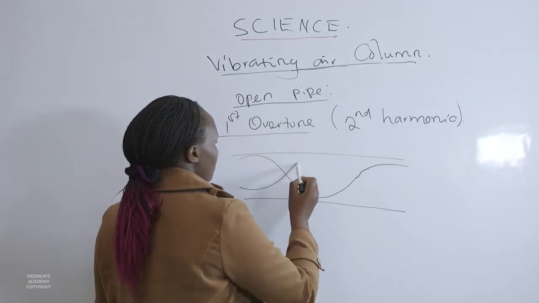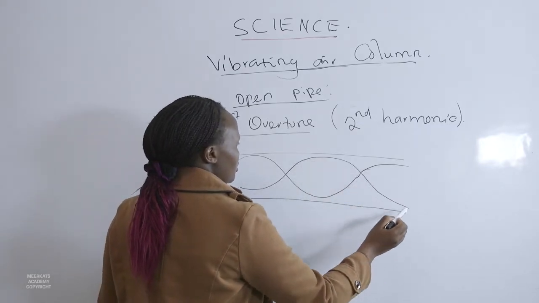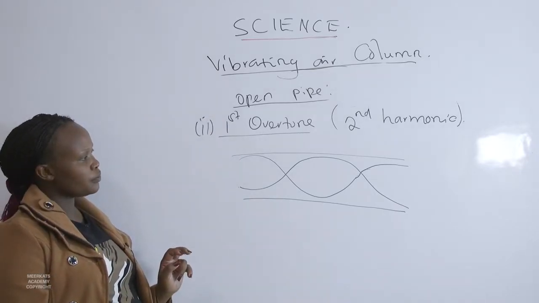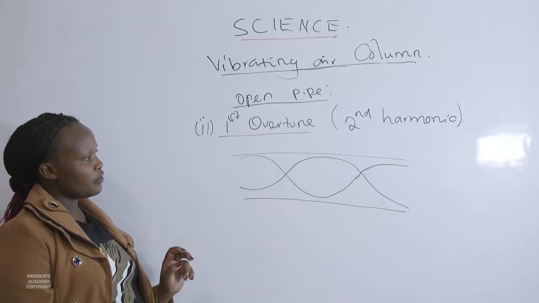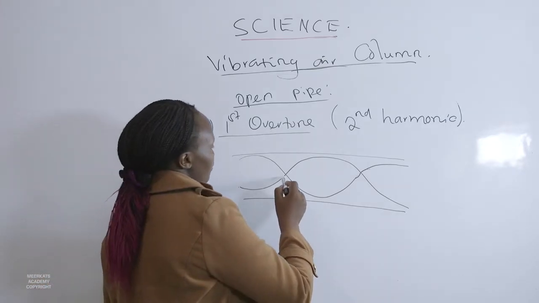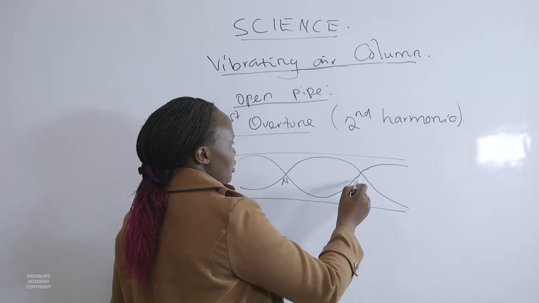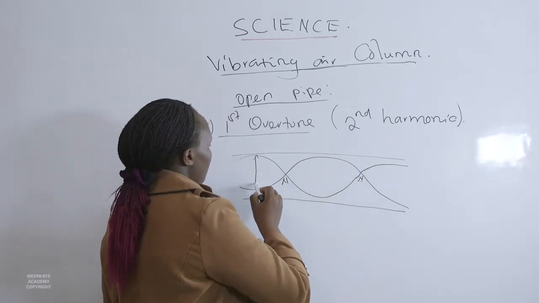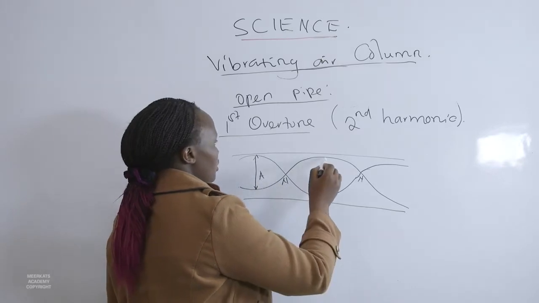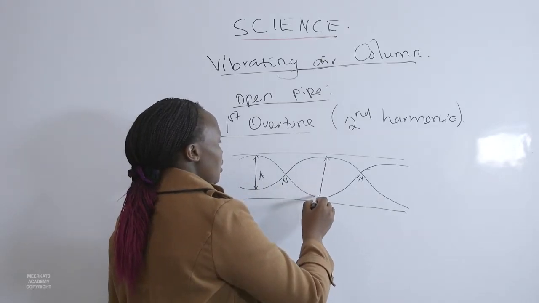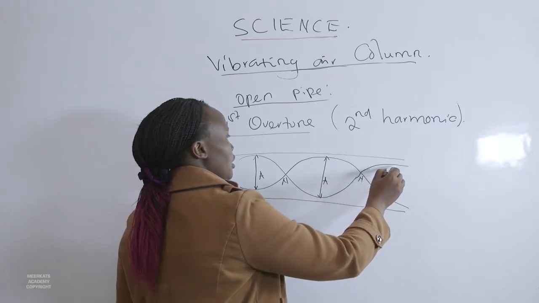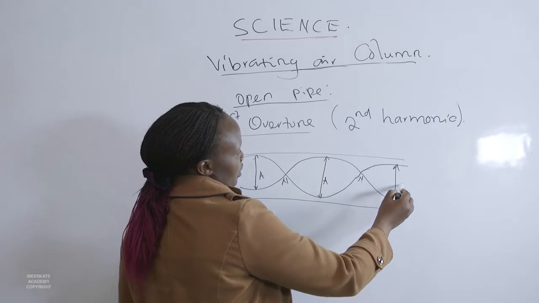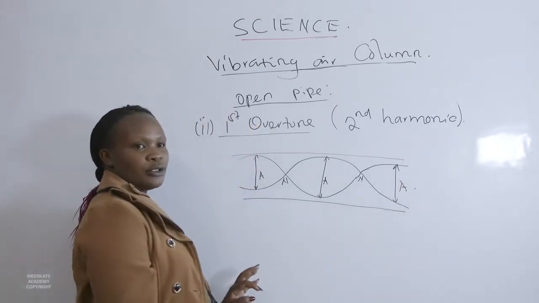Superimpose it with its reflection, so that now we have a node here, a node here, an antinode, at the center another antinode, and at the end another antinode.